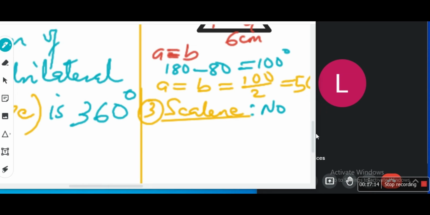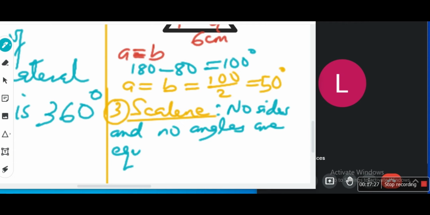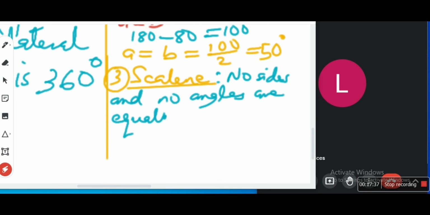No sides and no angles are equal in a scalene. All of the angles and the sides have different values, but they will still sum up to 180.